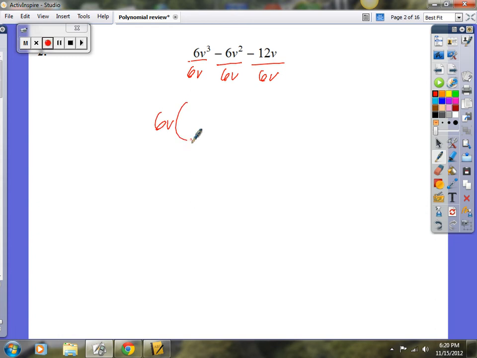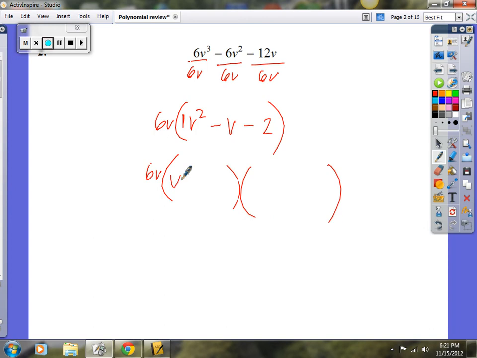It's going to be 6v times (v squared minus v minus 2). Okay, now you've got an easy trinomial because the number in front of your v squared is just 1. So don't forget your 6v on the outside.